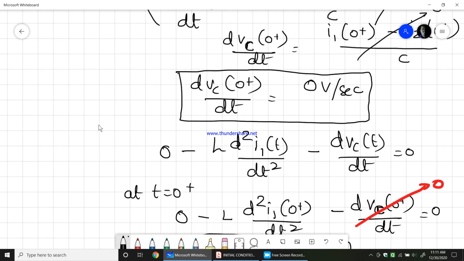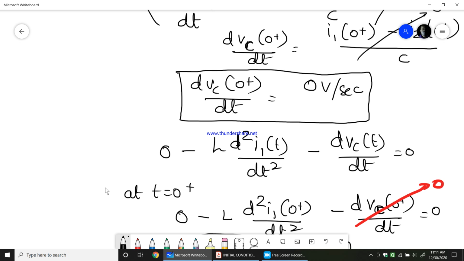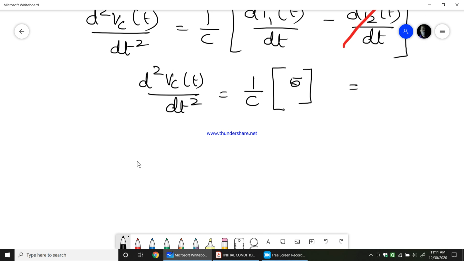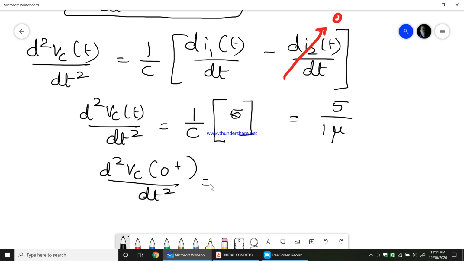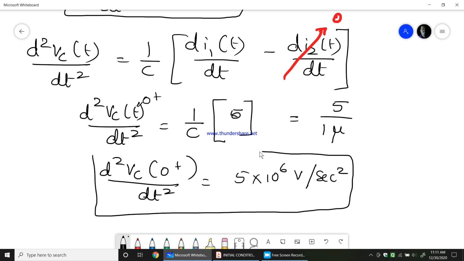Therefore, we substitute that: 5 divided by 1 micro. Therefore, d square Vc of 0 plus by dt square, at t equals 0 plus, is 5 into 10 power 6 volts per second square. So this is the second derivative of the voltage Vc.